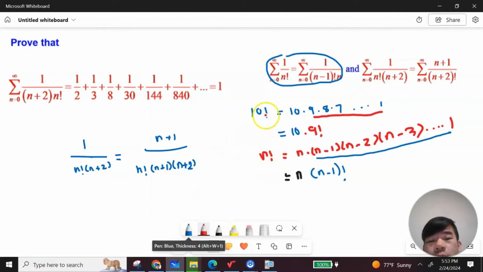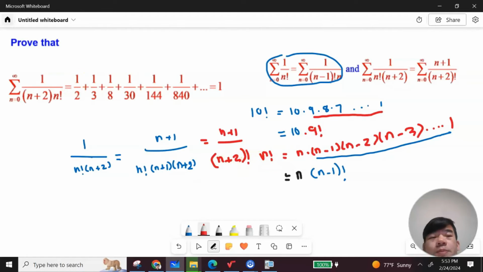Then we have (n plus 1) over (n plus 2) factorial. Because if n factorial is something like 9, then n plus 1 means 10 and n plus 2 means 11, something like that, and we just take the highest number and put the factorial. So this is obvious, right? We just proved it.